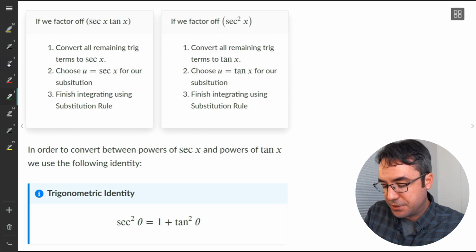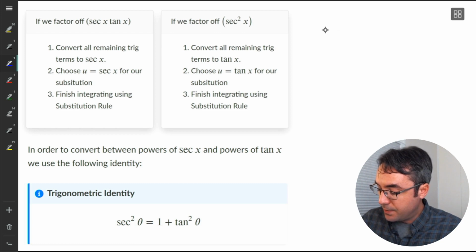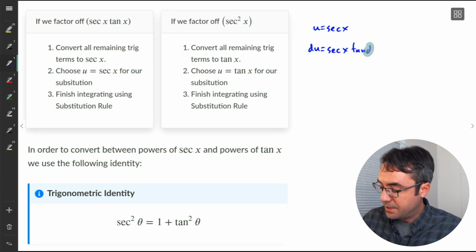And it might be helpful just to remember what our possible substitutions and what our differentials would be. So if we're letting u equal secant x, the differential du then has to be secant x times tangent x dx.